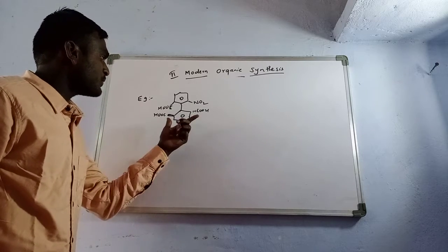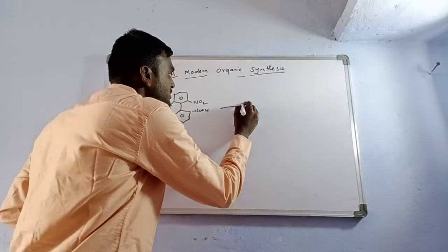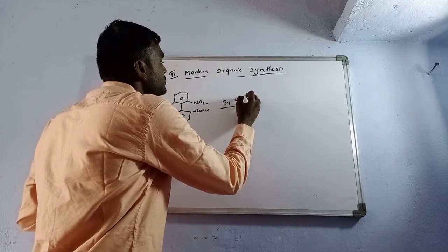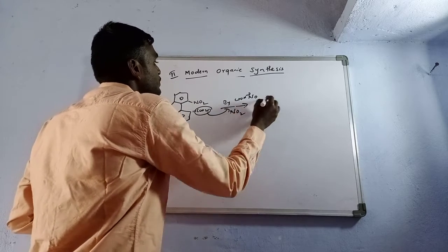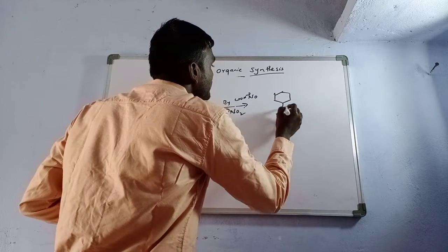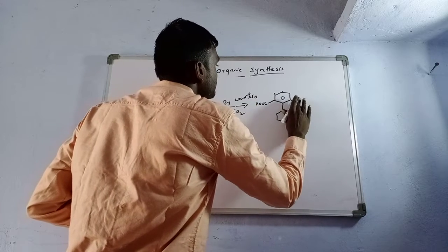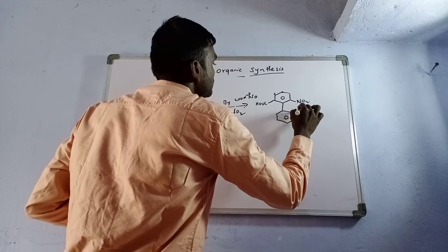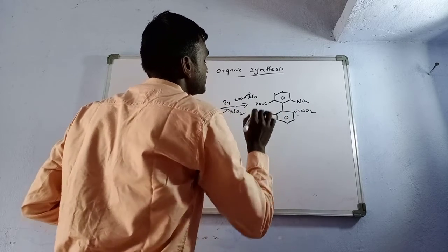We have to convert this achiral molecule into a chiral molecule by replacing the bottom COOH group with NO2. Here the dotted line is NO2 and the thick line is COOH.